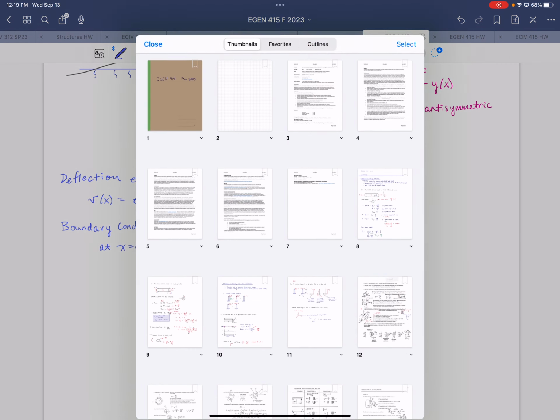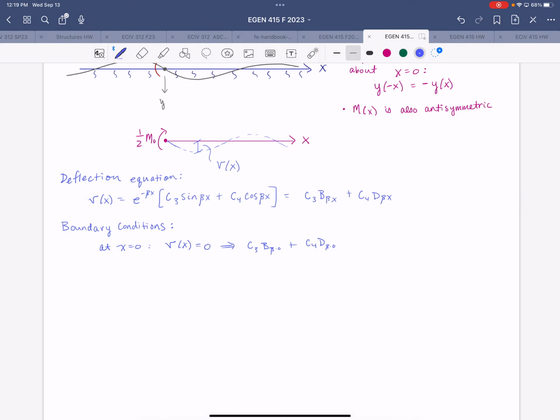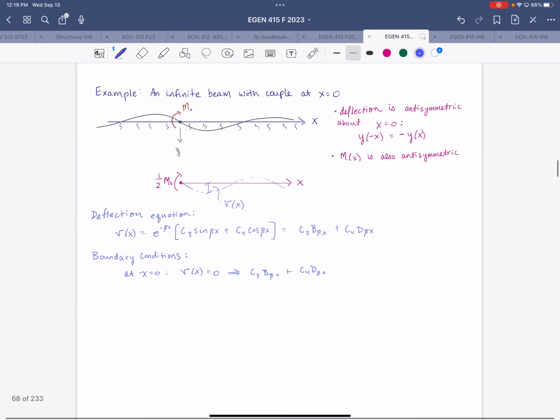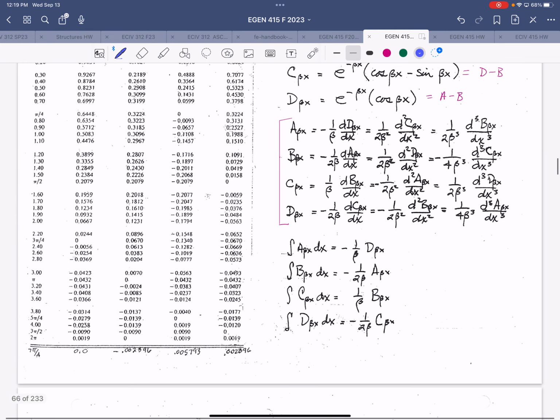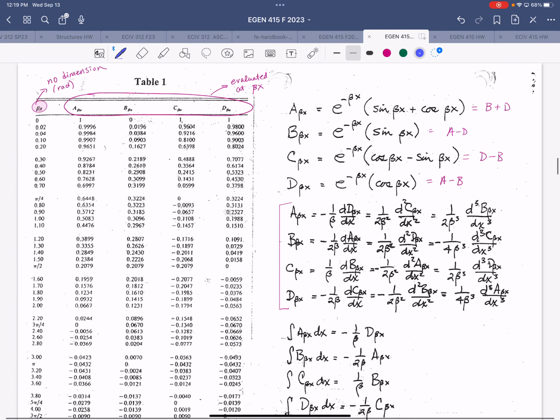So if we go to the table two pages back, and we look at beta x equal to 0, B beta x is equal to 0, and D beta x is equal to 1 in that case.